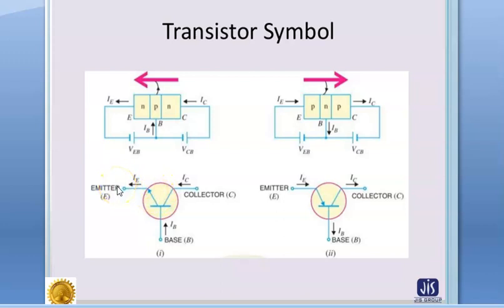For the NPN transistor, the current enters the transistor through the emitter terminal, therefore the arrowhead points into the transistor. So these are the symbols of NPN and PNP transistors.